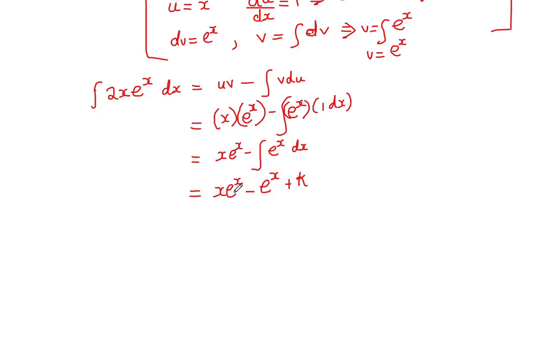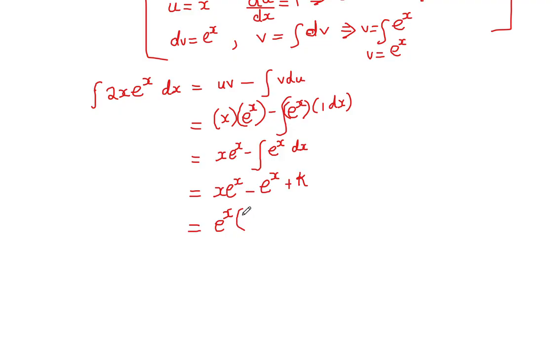So my answer is this: x e to the x minus e to the x plus the constant of integration, which is k. And what I can do here is that because e to the x is common to both expressions here, x e to the x and minus e to the x, I can factor out the common term e to the x.